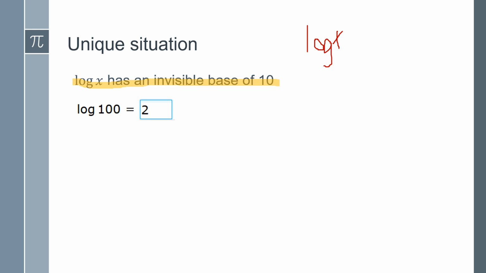Let's look at this example right here. You see log, and there's no base. Well, it has a base of 10, but it's invisible. So 10 to what power gives you 100? And the answer is going to be 2.